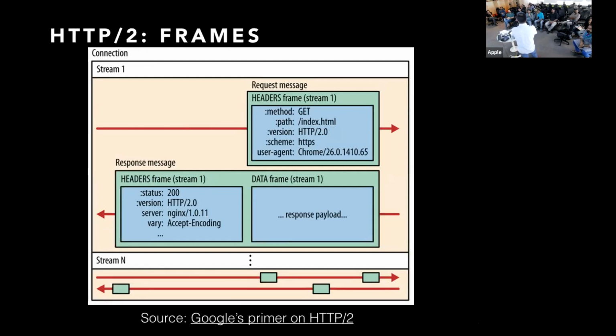And this also implies, in the figure below, specifically the lower half, that streams can be effectively multiplexed logically, right? So there can be outstanding frames going from the server which have not yet been received by the client, and there can be frames going up from the client to the server that have not been received by the other party. And those don't need to wait for each other.